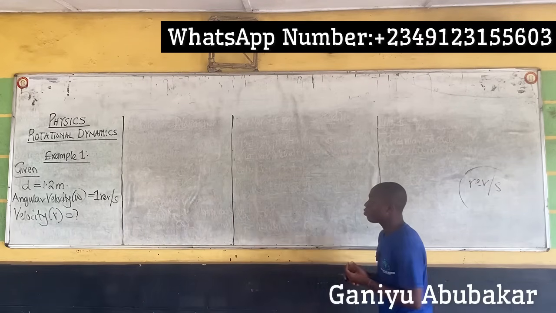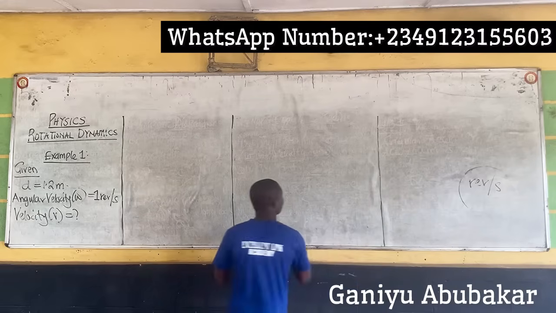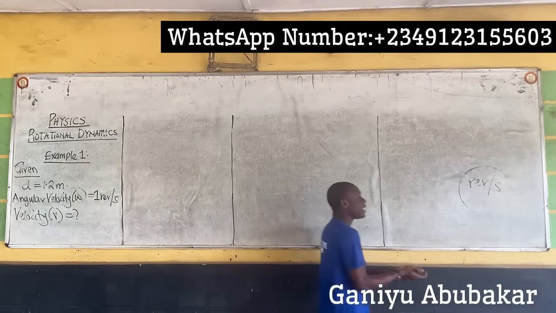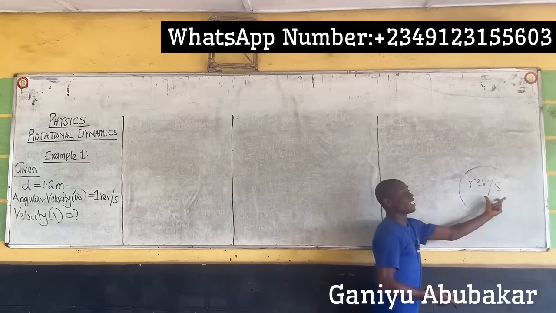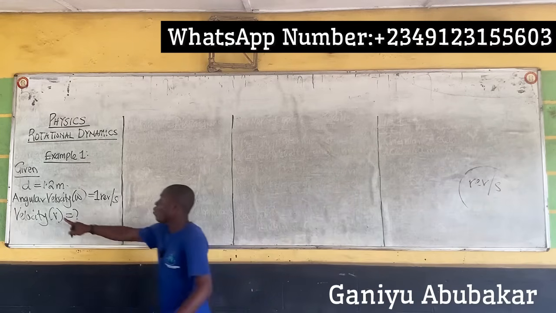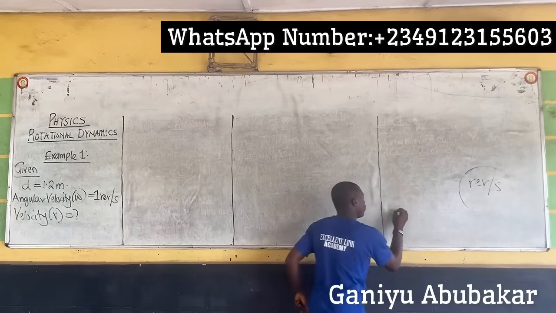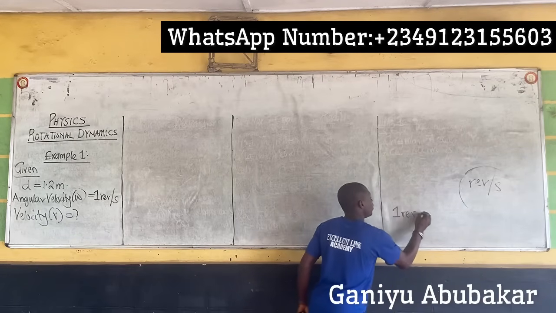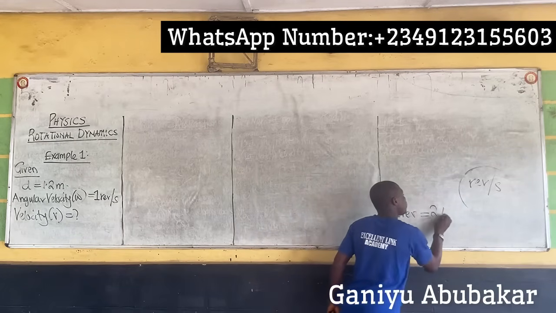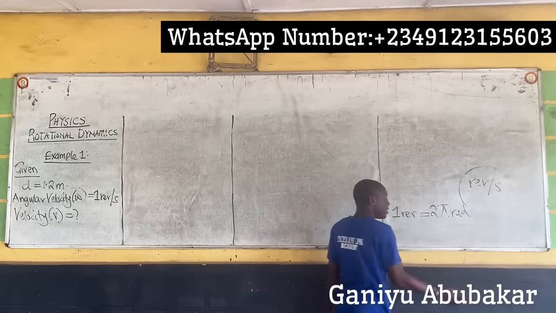Now look up, please. Some of you might be confused as to why I said that revolution per second is angular velocity. Here's the concept. What do we know? One revolution is equal to what there? 2 pi rad. That's it.